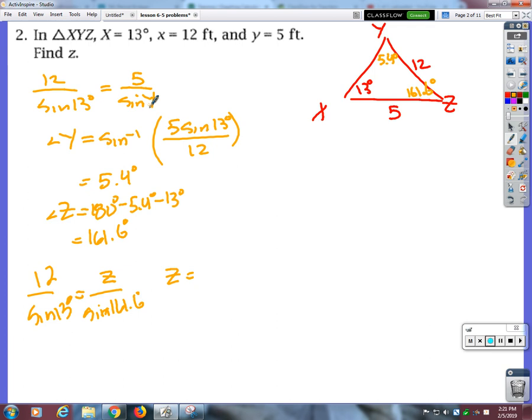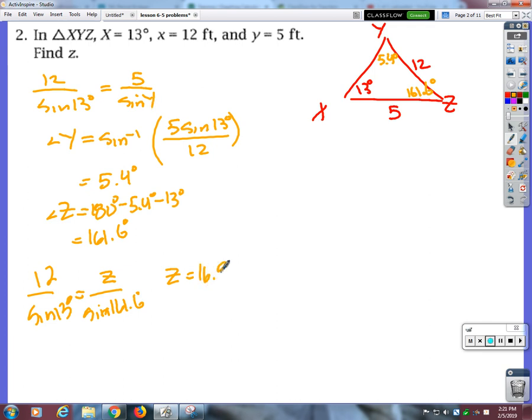I had to do it there because it was the variable. So when there's a variable in there with the sine, that's when you have to do the inverse sine. If they're just regular numbers, then you just cross multiply and divide. Yep. So what'd you get for Z?